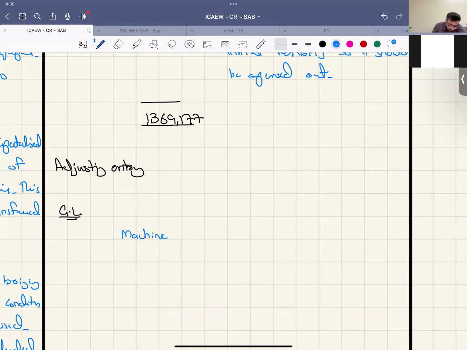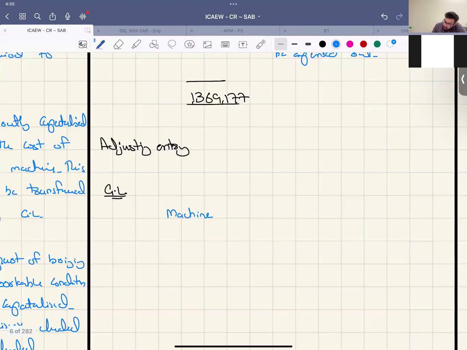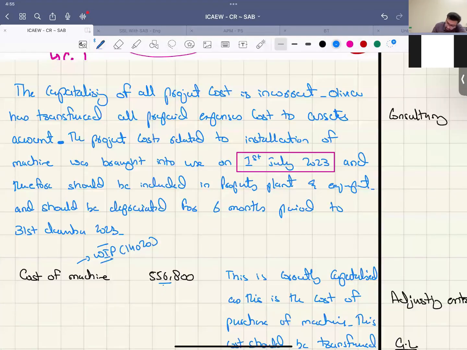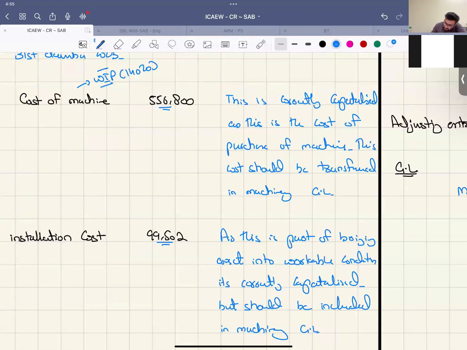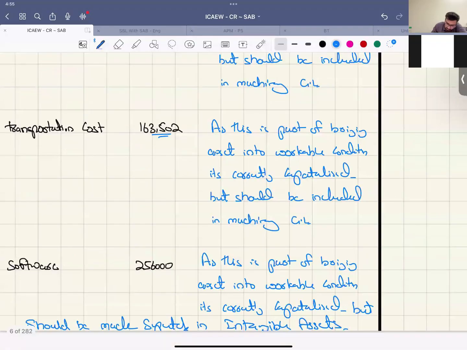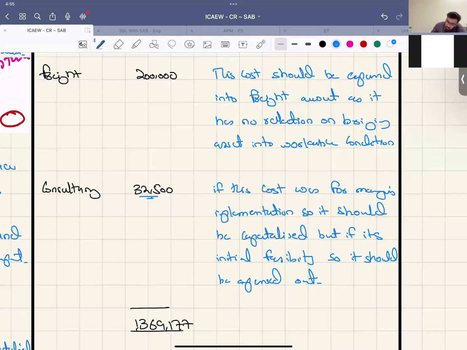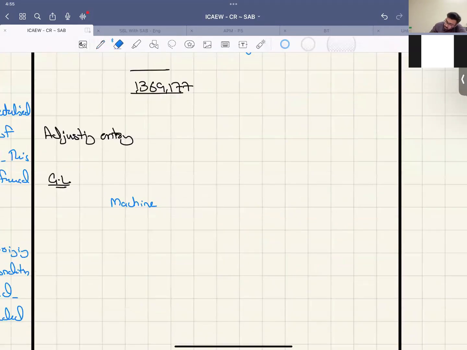This would be debited, and the amount is which amount? Let's say this. So total it. It's going to be 852,452. It's going to be debit.